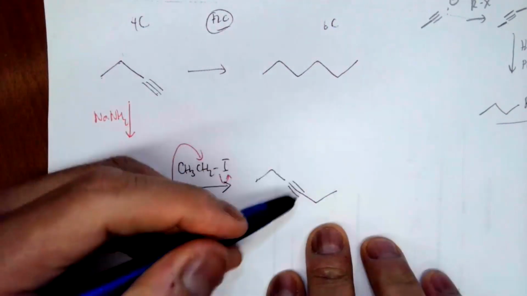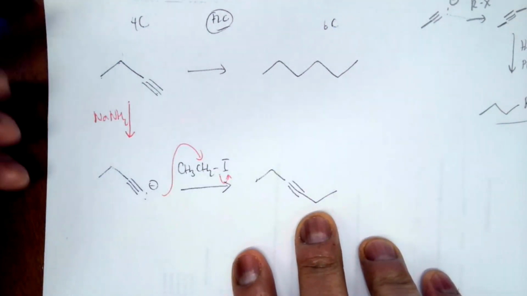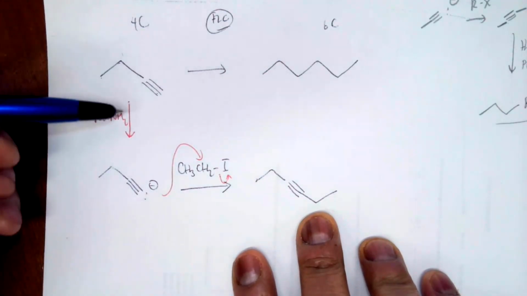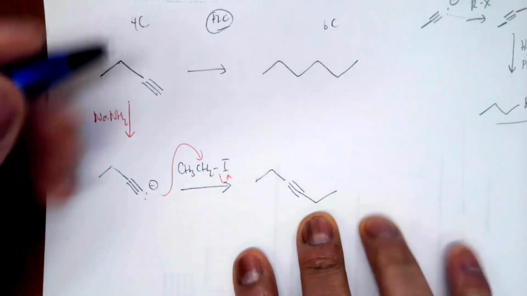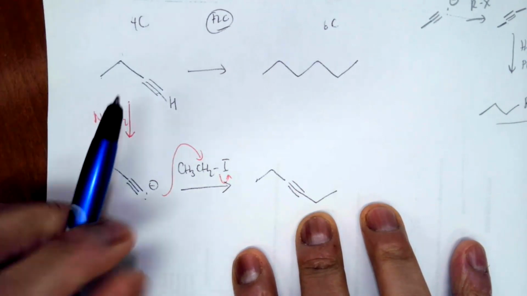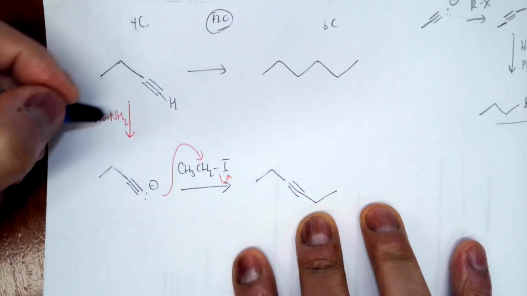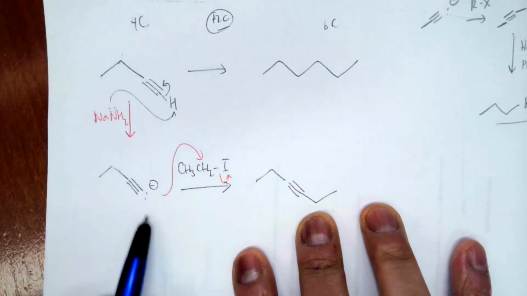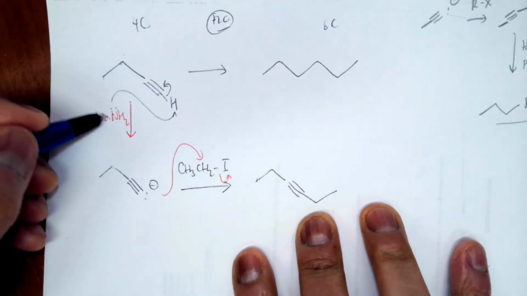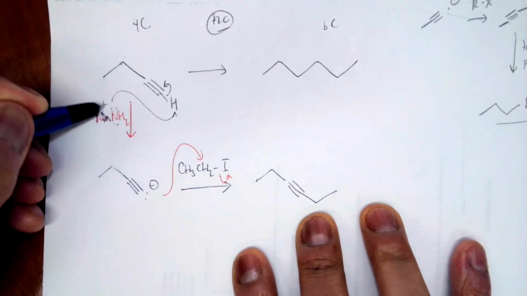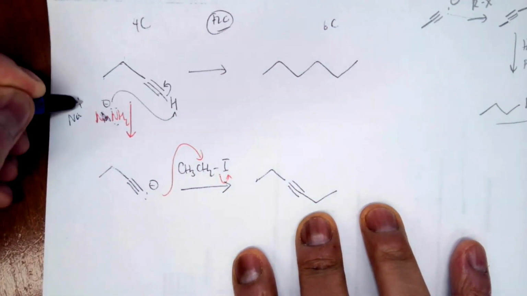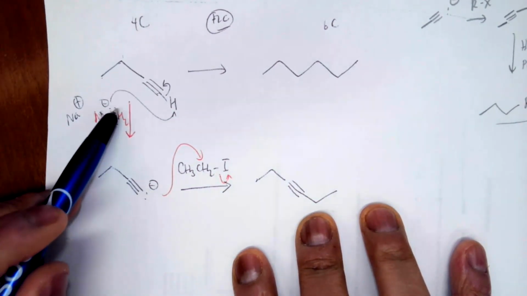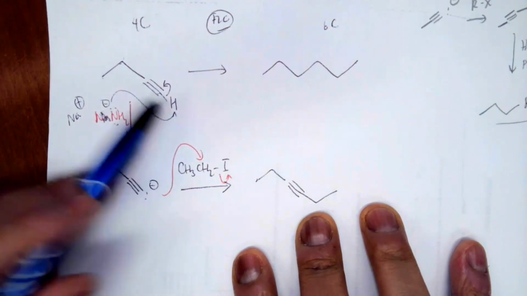I was going to show the mechanism because I told you that the alkynide ion mechanism is going to be part of the chapter. In this case, I'll use this reaction. The amide will steal the H and form the alkynide. The sodium is a spectator. So the amide will extract the hydrogen.